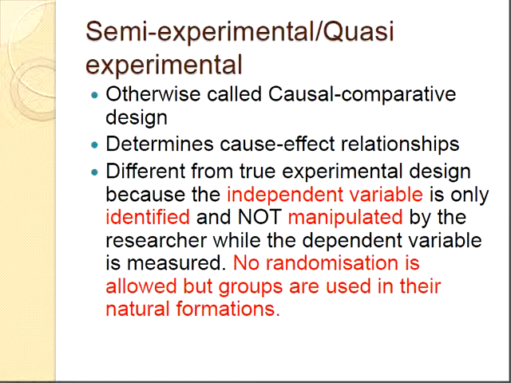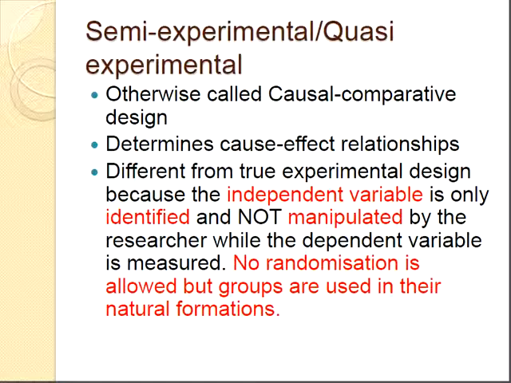because the independent variable is only identified in quasi-experimental design and not manipulated by the researcher, while the dependent variable is measured. So the independent variable, which could be like the teaching approach, is what you have identified, and then you want to measure the students' performance.